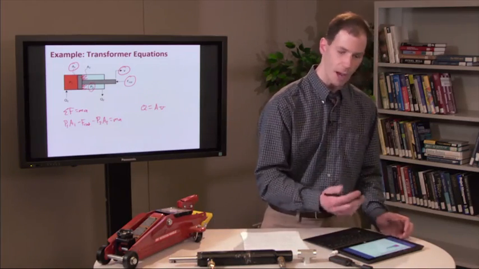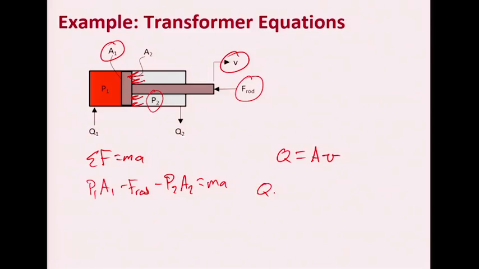So on my cap side, the flow rate going into the cap side, Q1, divided by the area on the cap side, A1, is just equal to the rod velocity. And on the rod side, I've got a flow rate going out, in this case, of Q2 divided by A2.